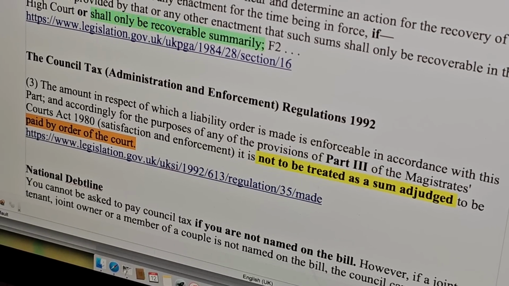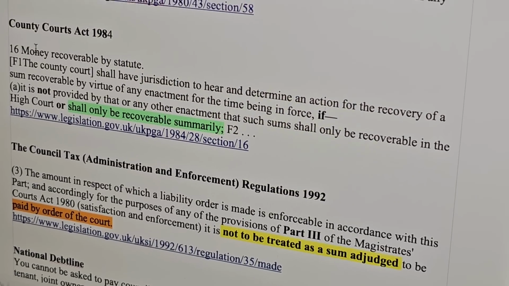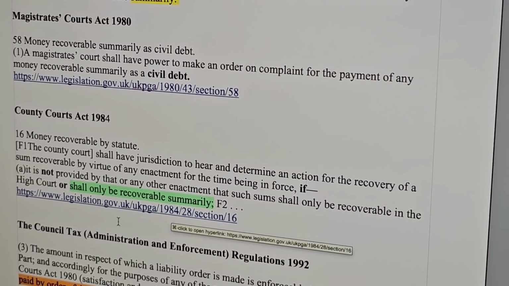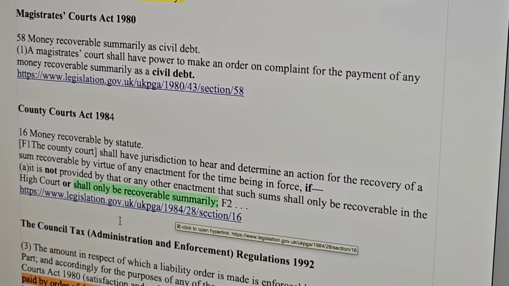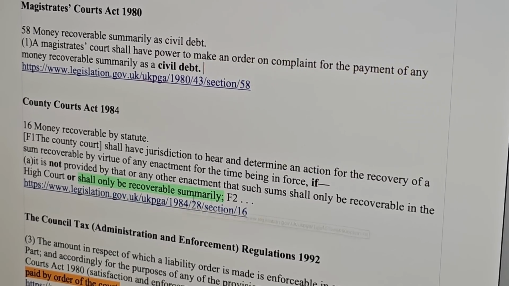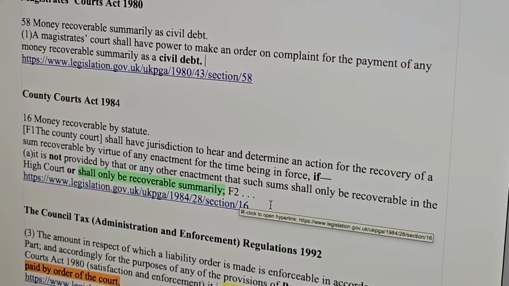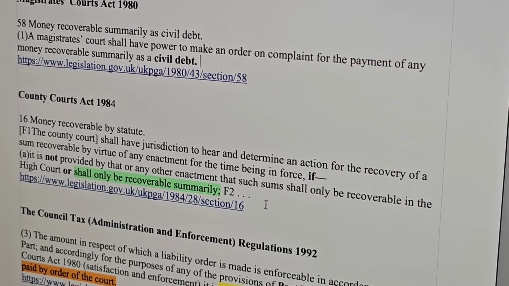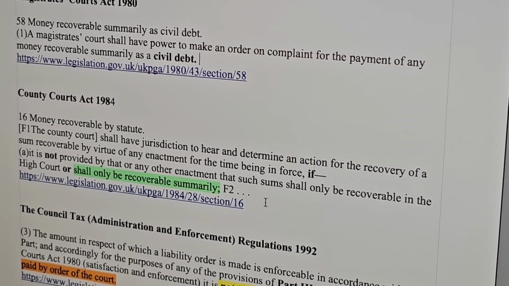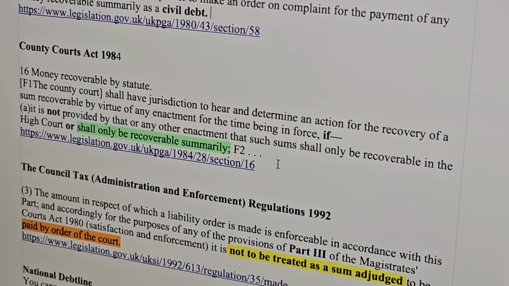So this should stay in a magistrates' court because the county court doesn't have the jurisdiction. How can they give it jurisdiction it doesn't have, is what I'm asking. Because if they had it, that would be missing, or only should be recoverable summarily. So it's like they write things backwards. You think, oh, well, they can do it, because if you read that as it is provided by any other enactment that such a sum can be recoverable, you'd go, okay.